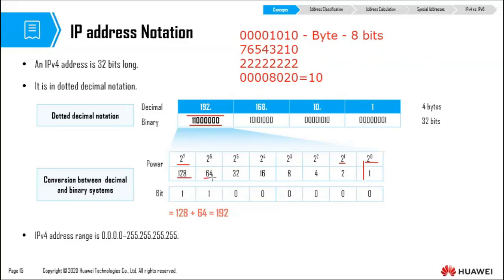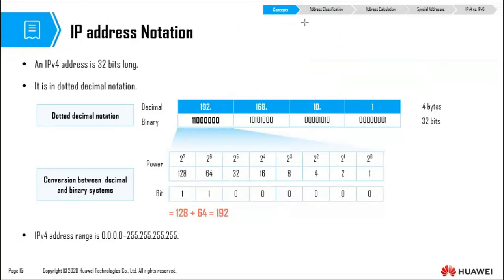We're only going to add 128 plus 64 to get 192, because all the other bits are 0. So even if we raised and added them, they're still going to be 0. So that's how normally we convert between binary and decimal.